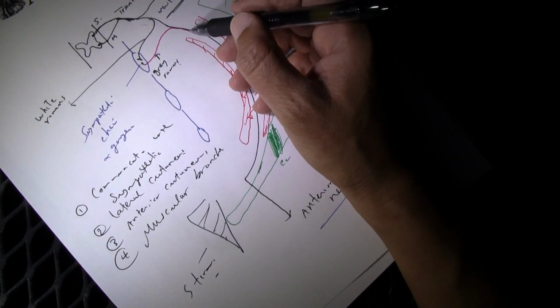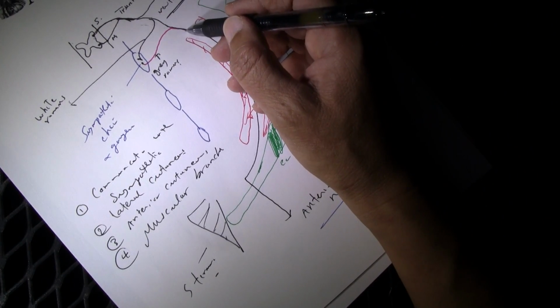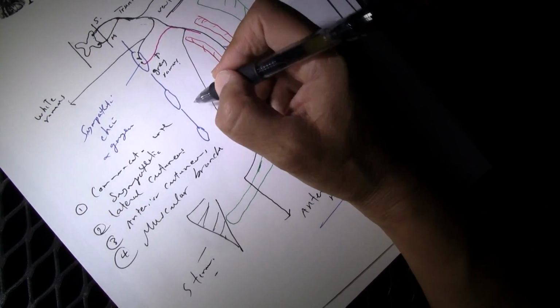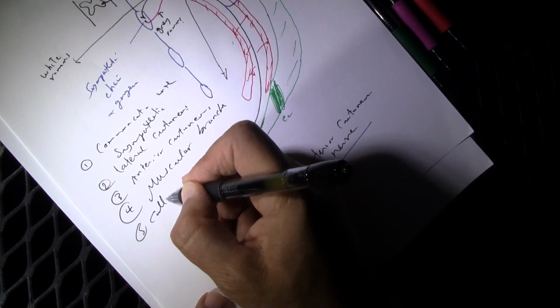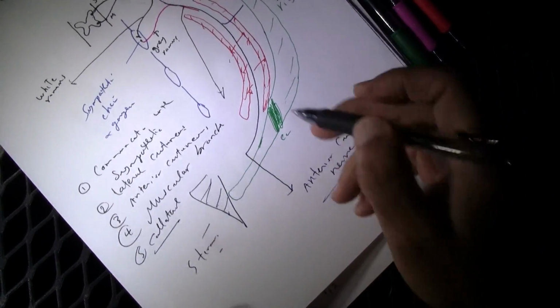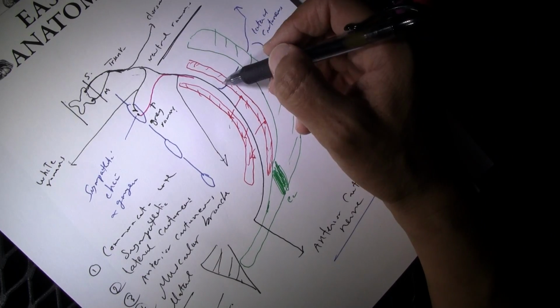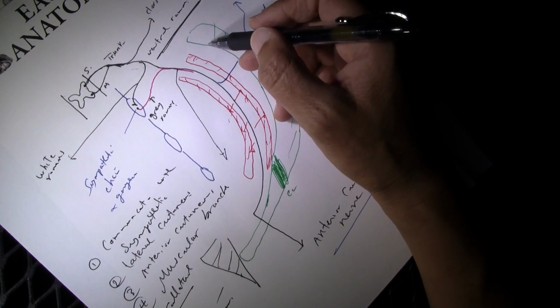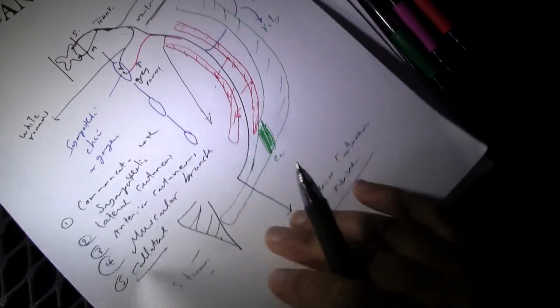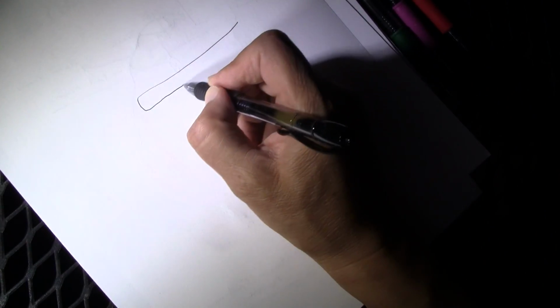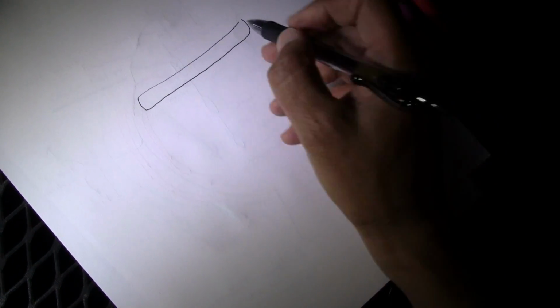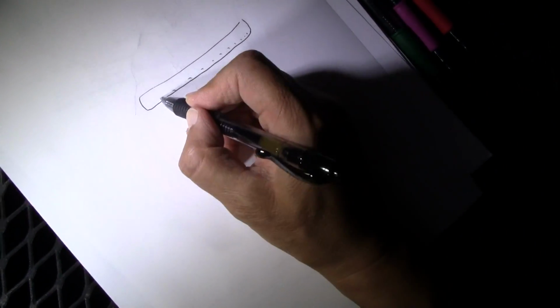Okay, and I forgot to tell you, one of the branches of the intercostal nerve is called the collateral branch. Remember that the intercostal nerve is traveling through the costal groove, which is located at the lower border of the rib. So you have costal groove, this is the rib, and in this area this is the costal groove.